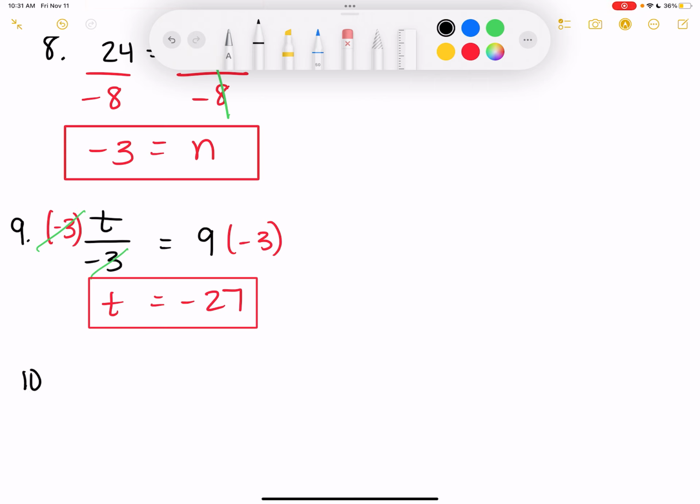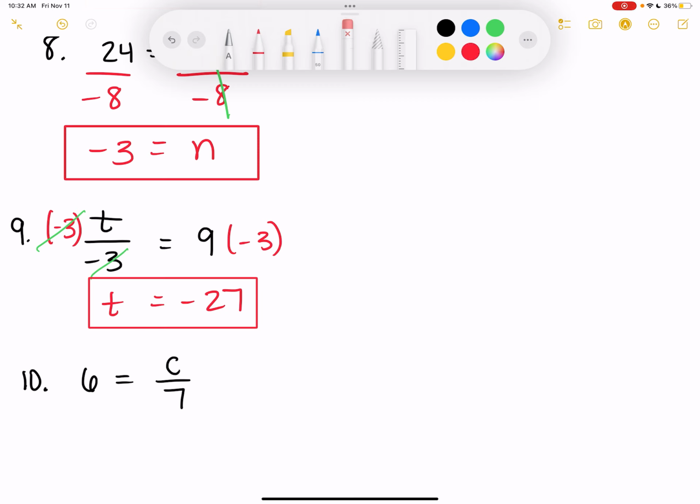Let's see, number 10, 6 equals c divided by 7. So what would I need to do with this one? You need to multiply the 7 times 6.